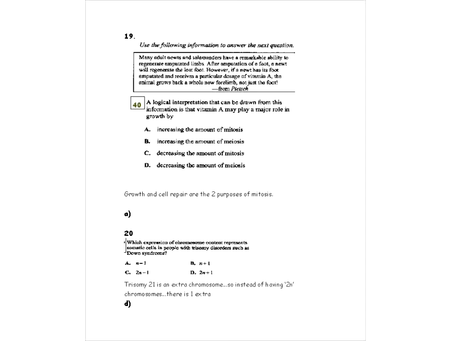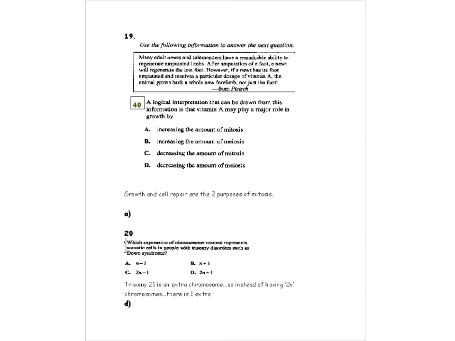Okay, and let's see if I can read this here. Hopefully I can. It says, many adult newts and salamanders have a remarkable ability to regenerate amputated limbs. Did you guys know that before? It's kind of cool, eh? After amputation of a foot, a newt will regenerate the lost foot. However, if a newt has its foot amputated and receives a particular dosage of vitamin A, the animal grows back a whole new forelimb, not just the foot.